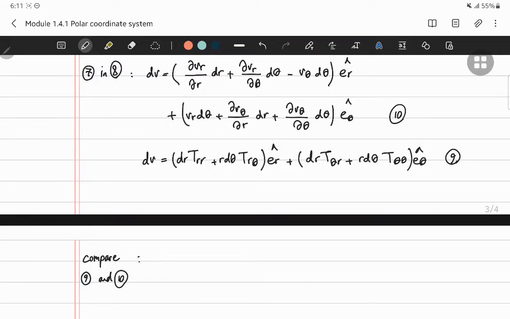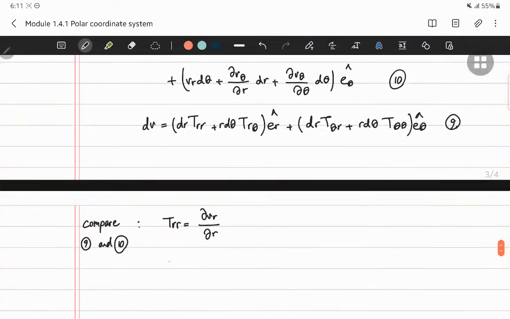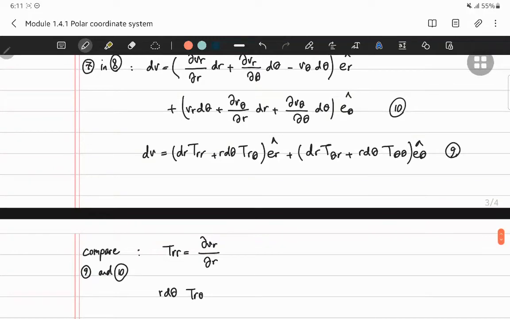So I have dr here, and nothing else. So T_rr is equal to the partial derivative of v_r with respect to r. And here I have r dθ.